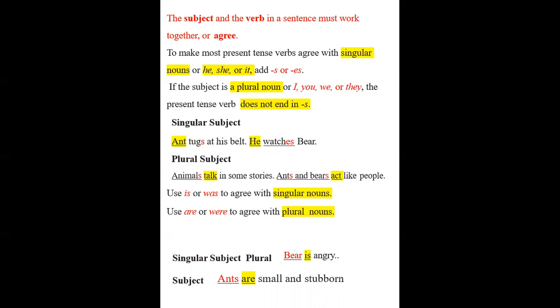So today, let's discuss the present. To make most present tense verbs agree with singular nouns or pronouns such as he, she, or it, you should add s or es at the end of the verb. So we say he eats, she eats, it eats.